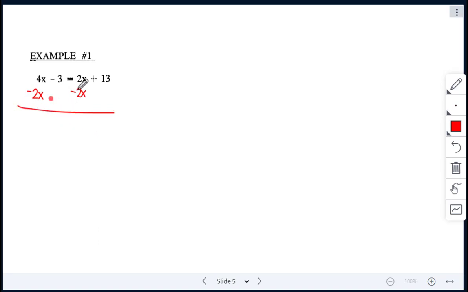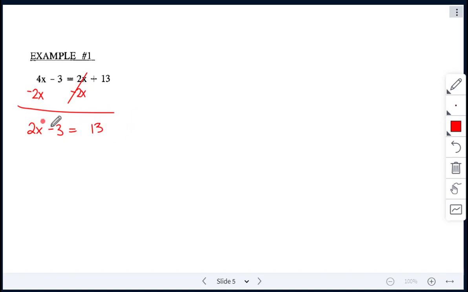On the right side, 2x minus 2x, that's gone. On the left side, we have 4x minus 2x, which leaves me with 2x, minus 3 is equal to 13. Now that we have brought this 2x over to the left-hand side, and we've simplified our equation a little bit more, we're left with a type 2 equation.